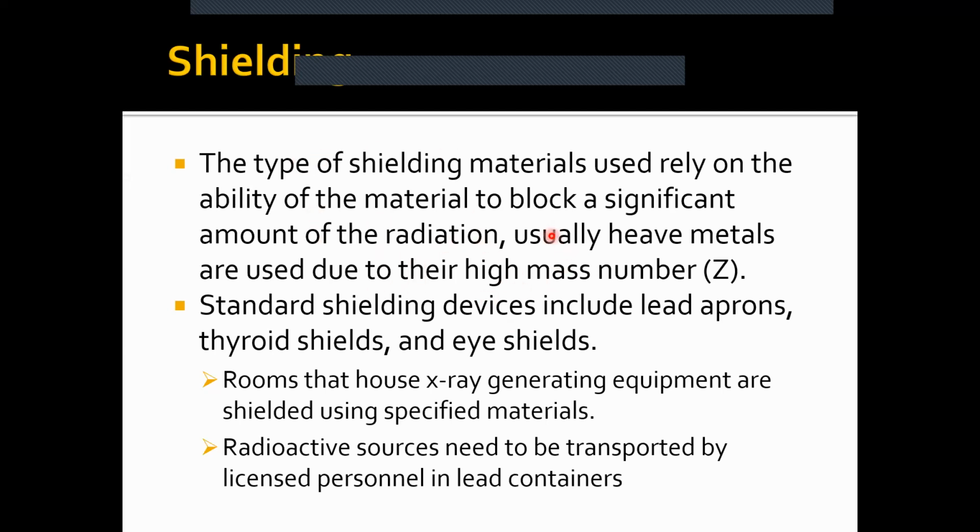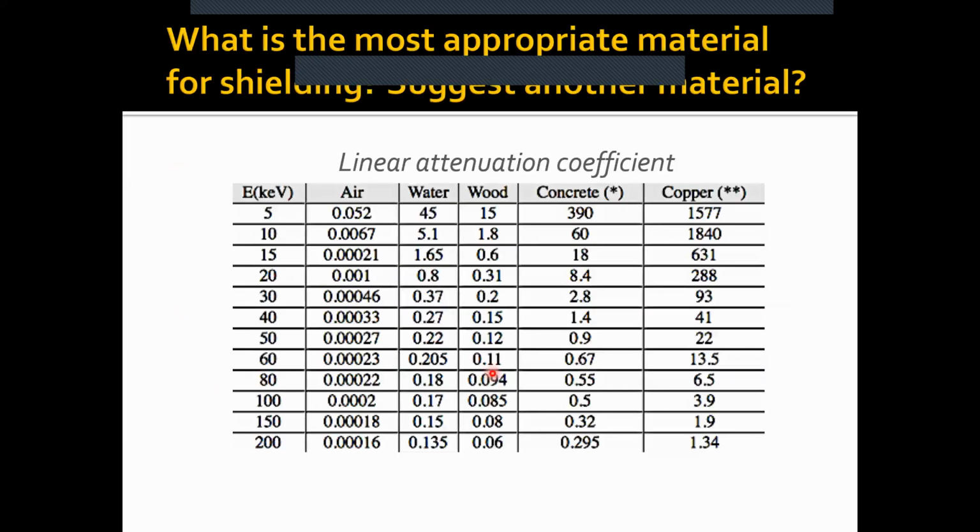Because we are trying to protect against radiation, you need something like lead, because it has a high mass number and it's very good at blocking those x-rays. And so you have your lead aprons, your thyroid shields, and your eye shields. These are what we use to protect patients and practitioners from the x-rays that we use in practice.